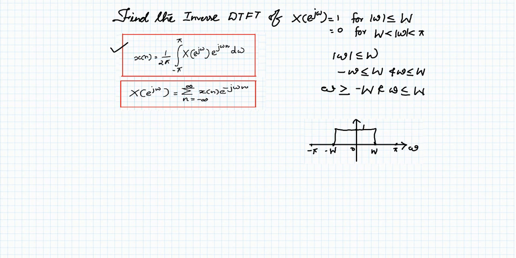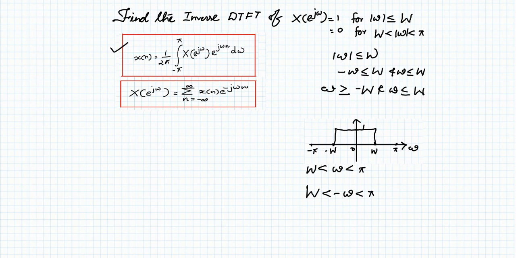And we can check the other case also. Here you can see |ω| is between W and π. We'll see what's the meaning of that. Take the case W < ω < π, and similarly one more case, W < minus ω < π.